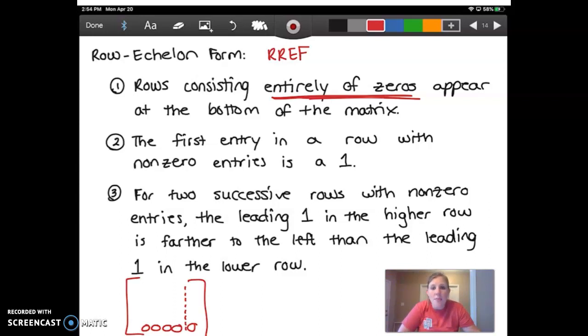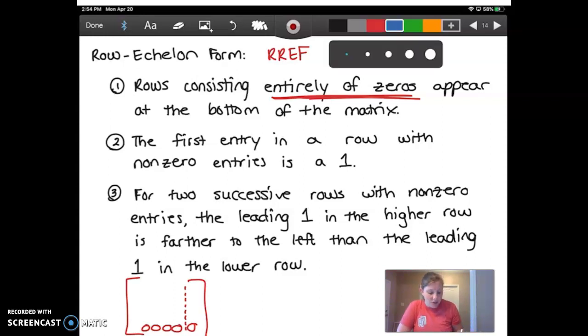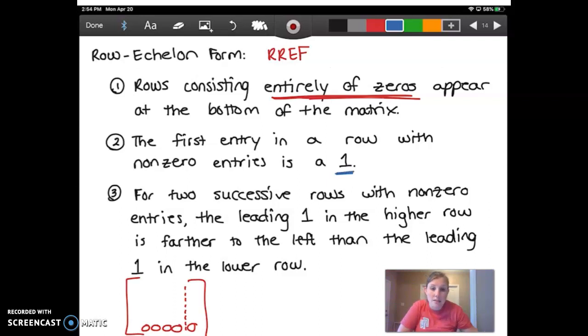All right, so the next thing it says the first entry in a row with non-zero entries is a 1. So that actually sounds a lot worse than what it is. It's the language of it that makes it a little difficult. But basically the very first number that's not a 0 is a 1.